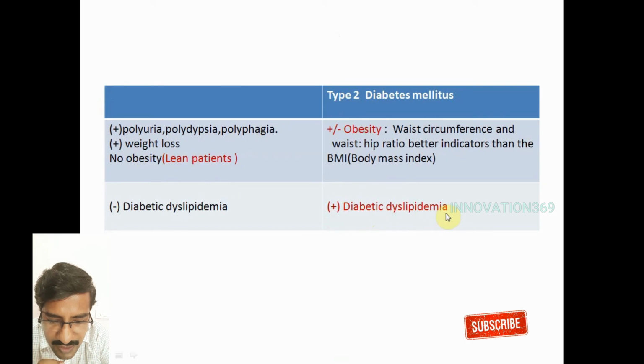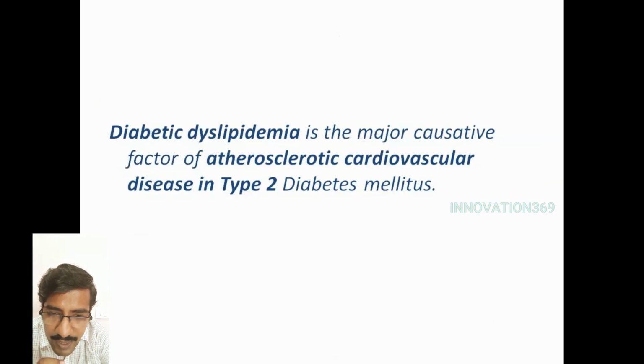Now let's talk about this diabetic dyslipidemia. The diabetic dyslipidemia in type 2 diabetic patients is the main reason for atherosclerotic cardiovascular disease. And as you all know, atherosclerotic cardiovascular disease is life threatening.